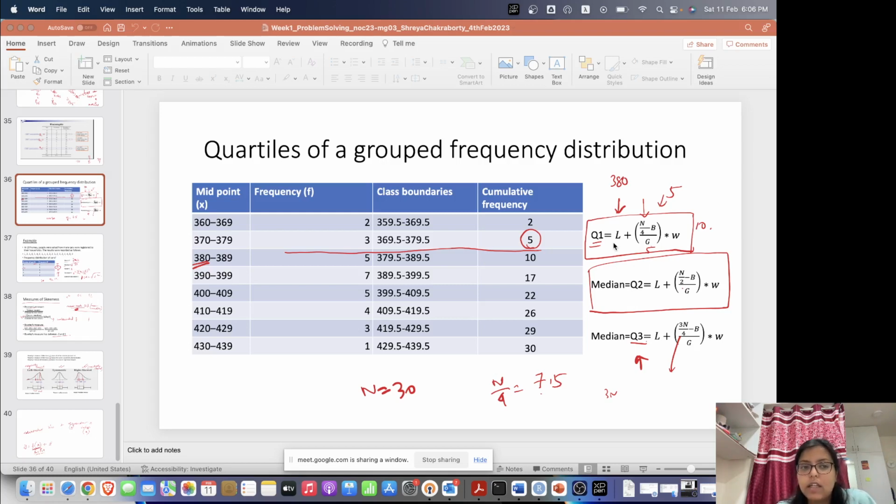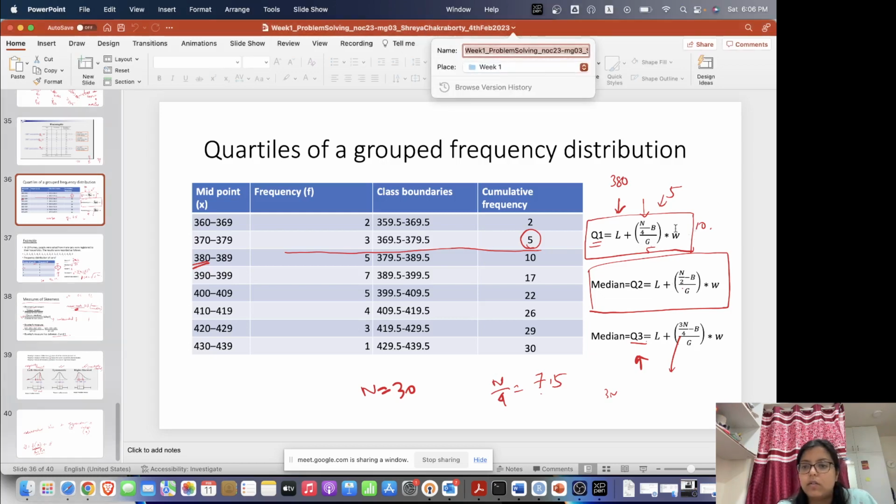If you can't, then post it in the discussion forum and I'll send the solution. This is the formula that you should be applying to get Q1, Q2 and Q3. Once you get Q1, Q2, Q3, the Bowley's measure calculation is fairly easy. I would suggest just give it a try.